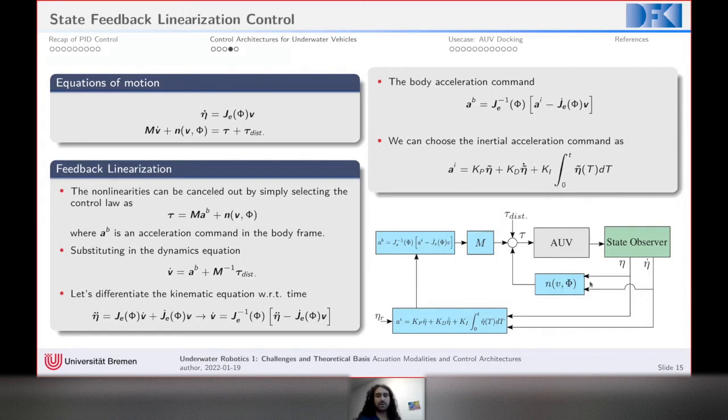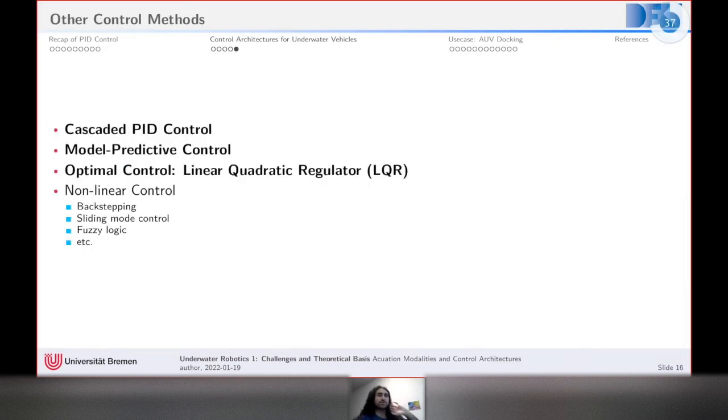You add it on top of that, and then you take those to the PID controller. You transform this acceleration command into the body frame, multiply by the mass matrix, and then add it into the system. This way we cancel out nonlinearities, or we linearize the system, and that's why this is called feedback linearization control.